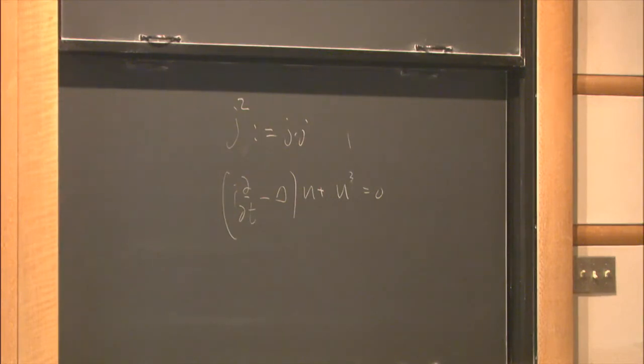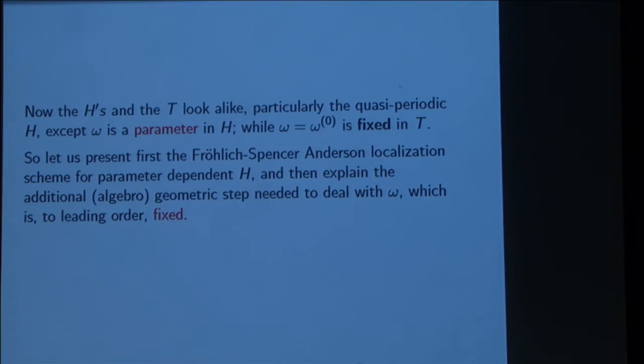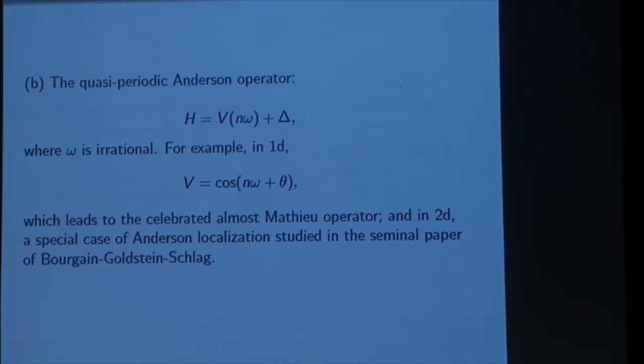So these kinds of matrices look alike. This is what I want to say. The H and the T, which is my linearized operator, look alike, particularly the quasi-periodic H. I also have n dot omega on the diagonal, except omega is a parameter in H. So the difference between the Anderson model and my model is that in the Anderson model, these are parameters, it's a family of operators.